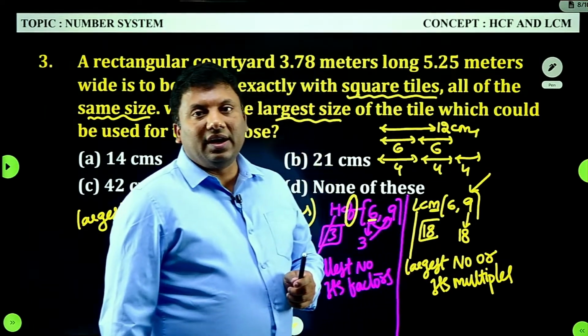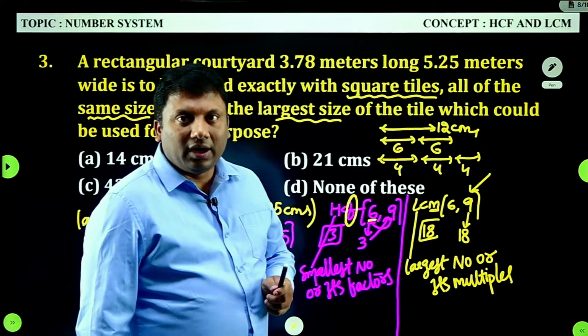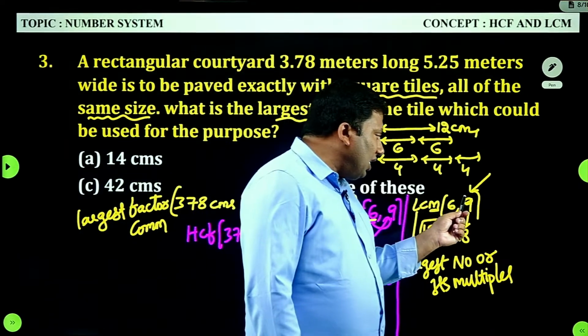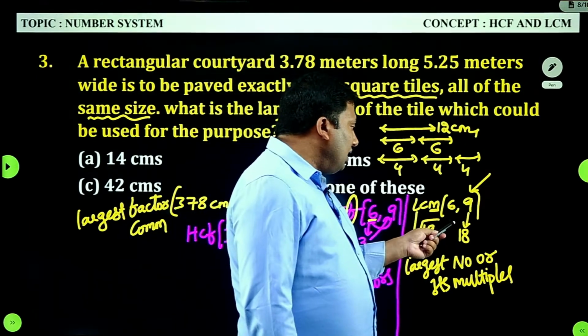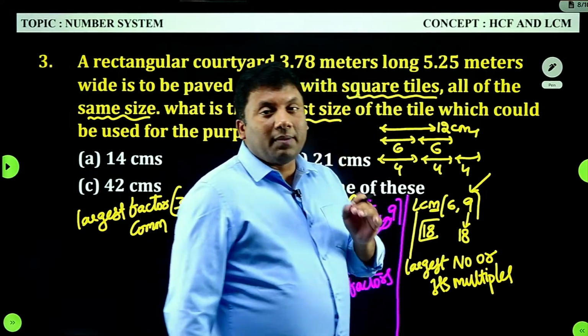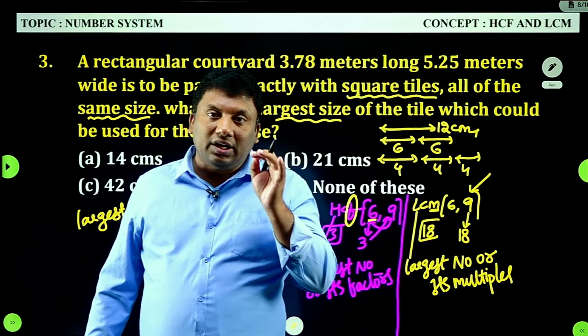LCM, least common multiple. M stands for multiple. Multiple is always greater than the number. So take the largest number. Take its multiple. 18. Is 18 divisible by 6? Yes. LCM, please make a note in your notebook. These two important points.